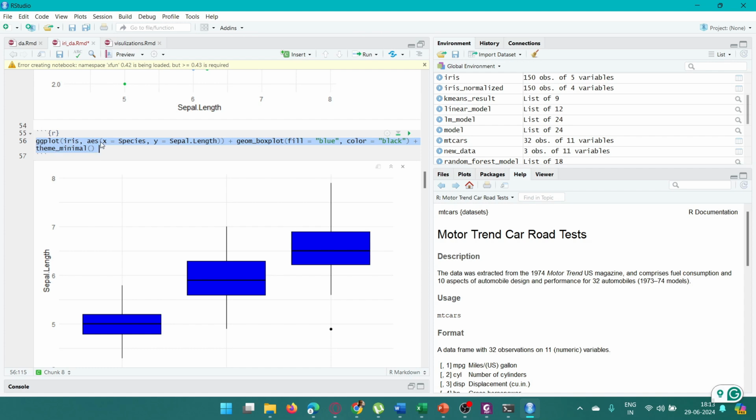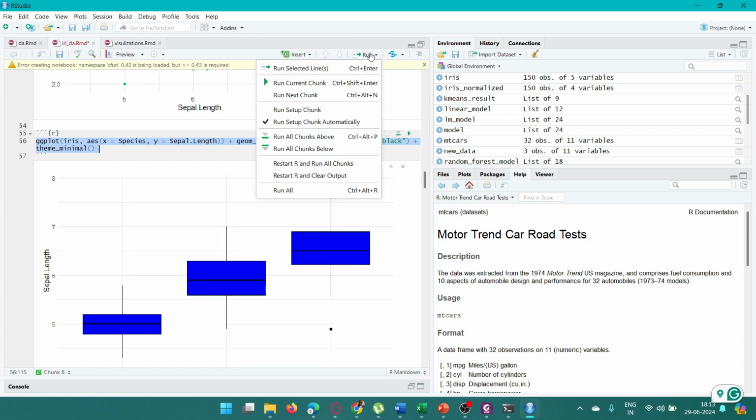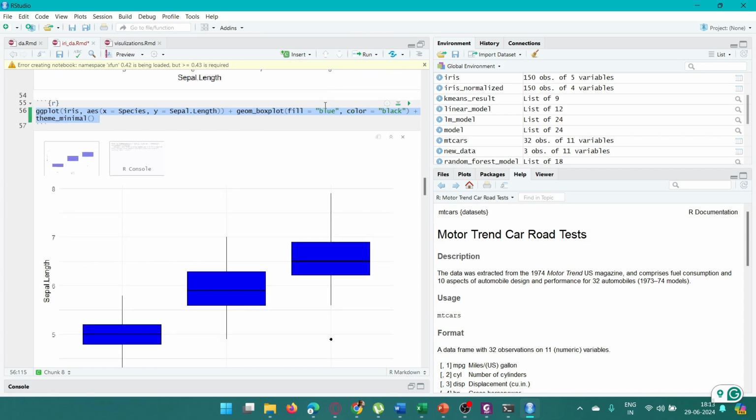On the axes, we use the x-axis as species type, which is a categorical variable, and the y-axis is the sepal length, the continuous variable. We want to plot a box plot, so we give the command geom_boxplot. We want the fill color to be blue and the outline color to be black. If you run this, you can see this box plot.